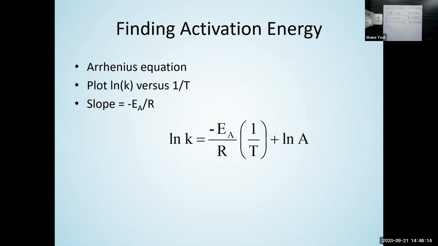Don't need to memorize it whatsoever. I'm just showing you that the natural log of your rate constant k is proportional to 1 over the temperature. So if you plot the natural log of k versus 1 over the temperature, you'll get a straight line with a slope that's related to the activation energy.